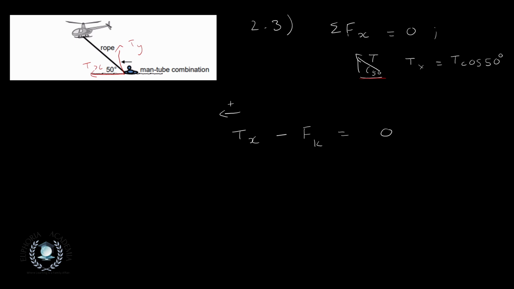Okay, now we already said our Tx is T cos 50 degrees, and we are told that we have a constant frictional force of 300 newtons, and that is equal to 0. And once you do some maths, we will find that our tension is equal to 466.72 newtons. All right, and that's our answer.